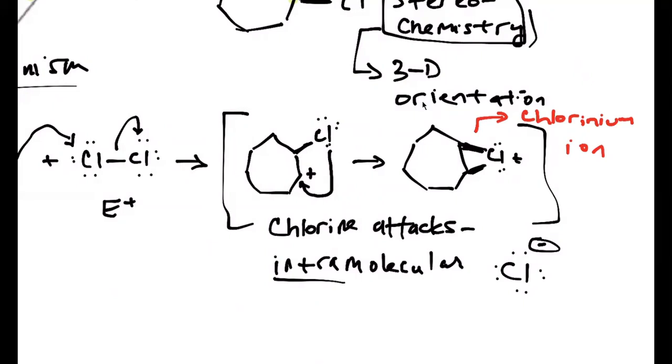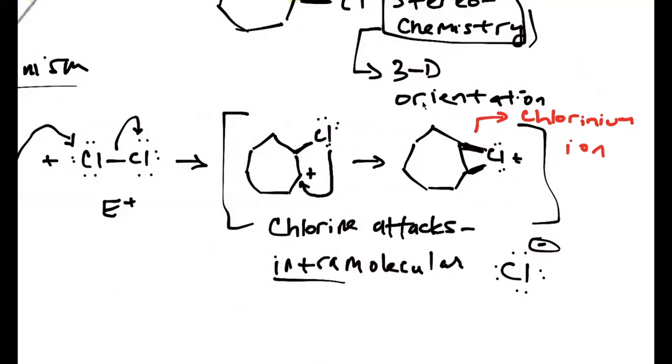So that's the main intermediate for halogenation. That little 3-membered chlorinium ion, or bromonium if it's bromine, or iodonium if it's iodine. That little intermediate is common to all your halogenation reactions. And it's the reason why the stereochemistry is trans, right?